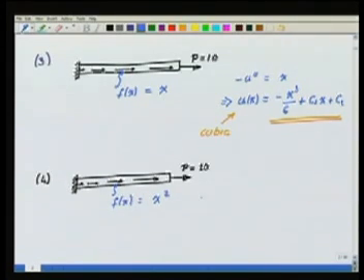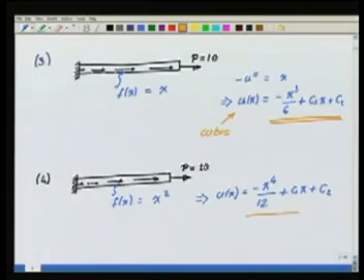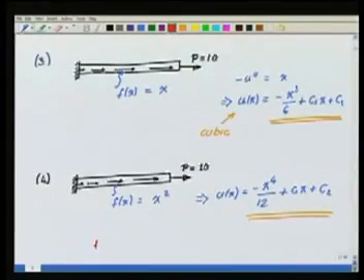If my f of x is quadratic, it implies my u of x is going to be minus x to the power 4 by 12 plus c1x plus c2. So it is going to be fourth order. Now, our program is designed to have orders of approximation 1, 2 and 3. So I solve these problems using orders of approximation 1, 2 and 3.